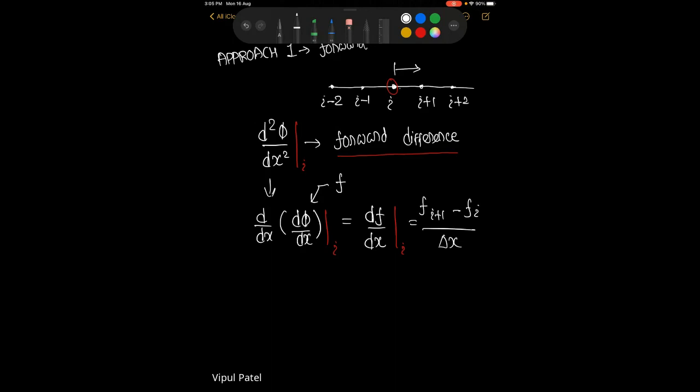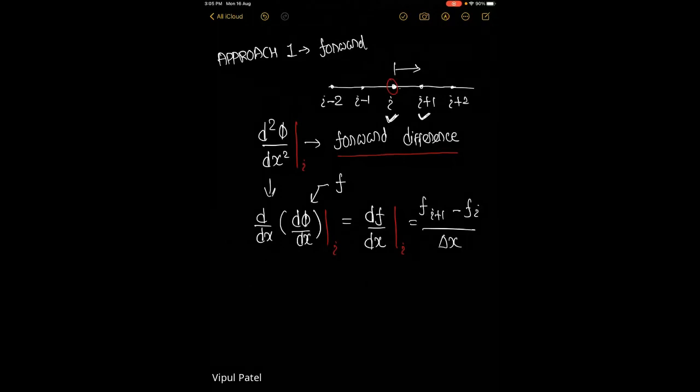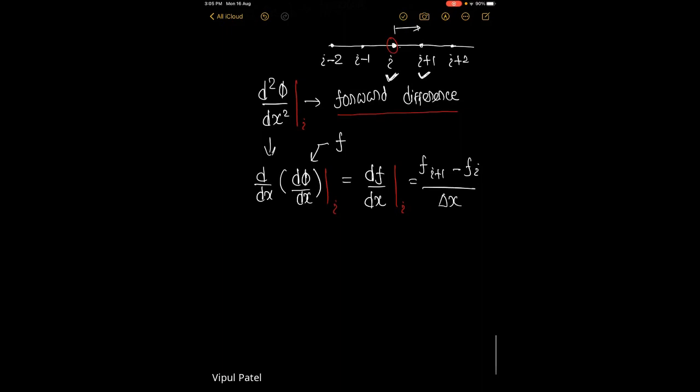Whenever you are writing forward difference approximation, you are taking this node and the immediate right hand side node. So df by dx is equal to f at I plus 1 minus f at I divided by delta x, where delta x is the distance between these two nodes. But we know that f is nothing but d phi by dx, so we'll substitute this term.